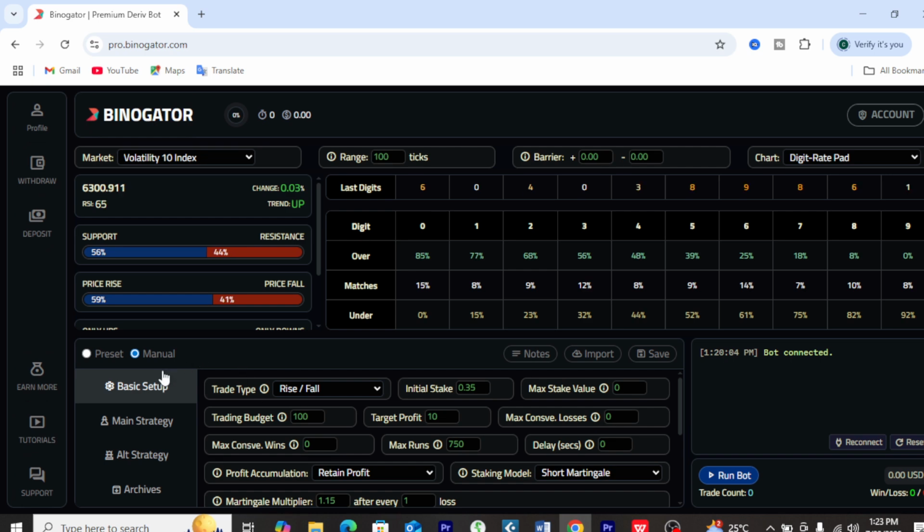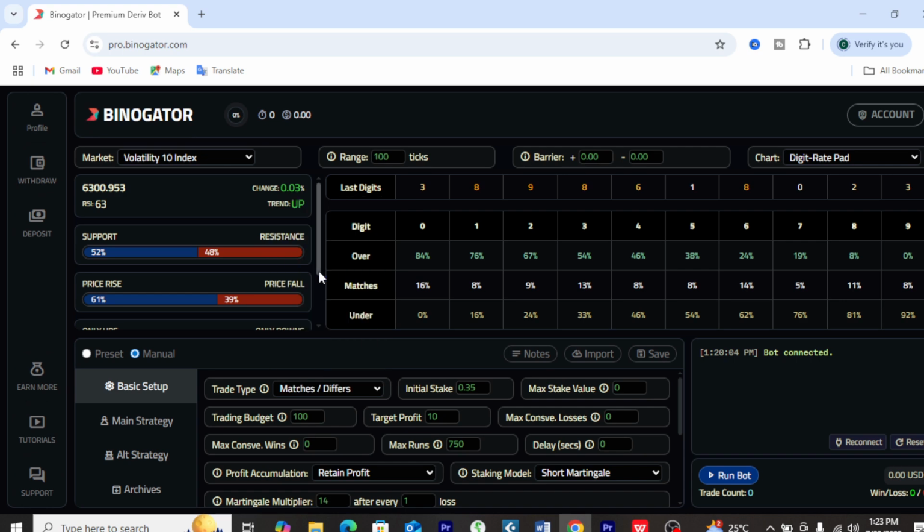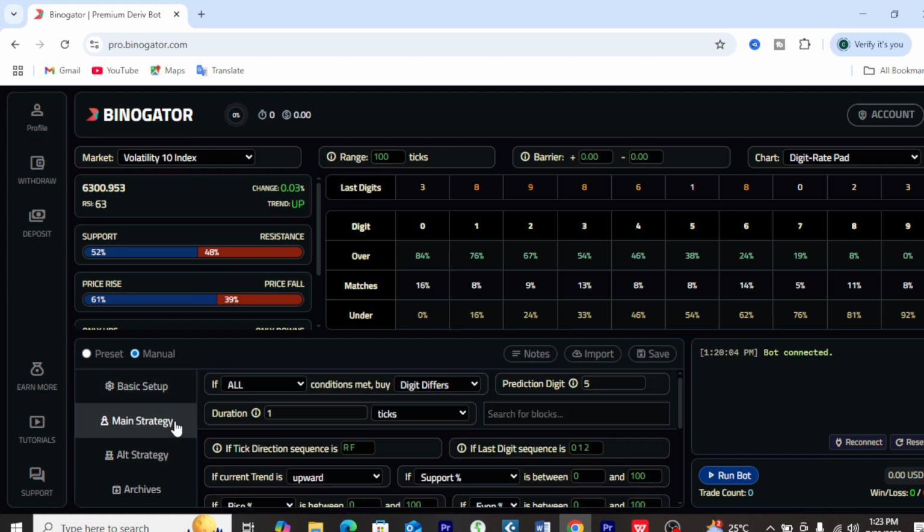And what we are going to see now is the type of trades that this digit rate pad can be applied to. You can use the digit rate pad indicator to apply it to these matches differs here. For these matches differs, we are going to go to this main strategy and set a prediction digit. Let's say we set 2 as a prediction digit.